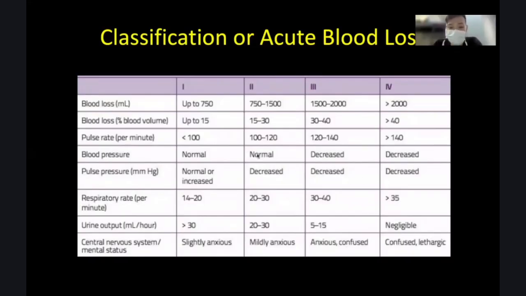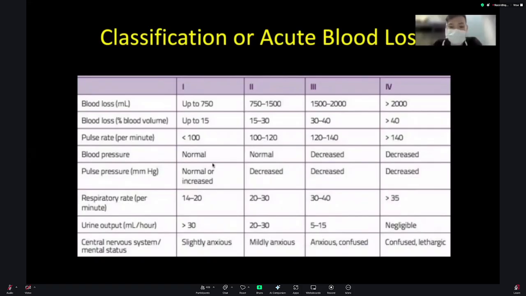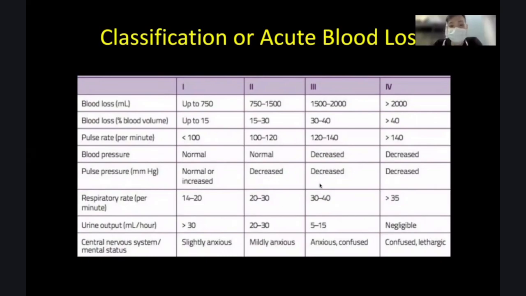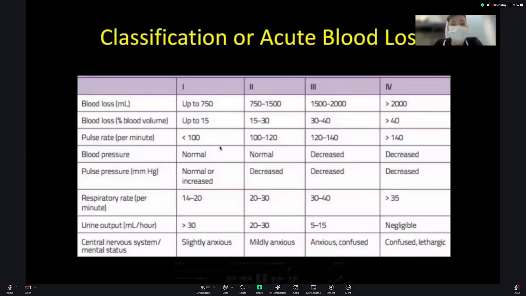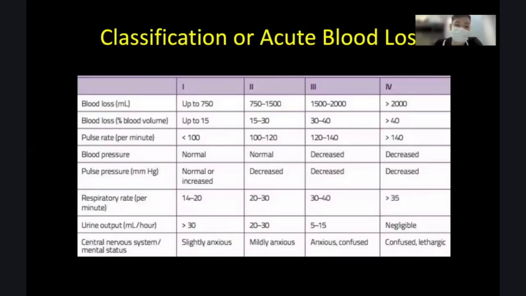So just read on this and try to memorize. It's very important, especially in the clinics when you see a patient dealing with blood loss: given these clinical parameters, you would be able to assess how much blood loss the patient had and how much should be replaced.